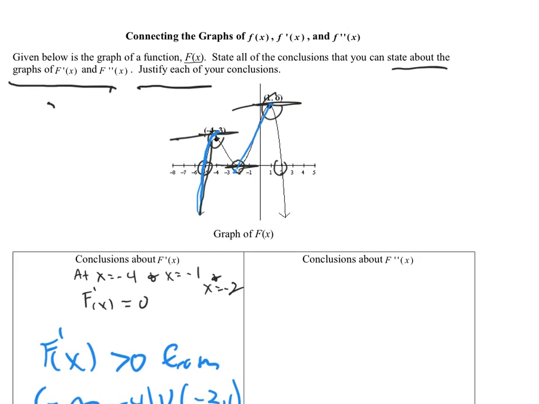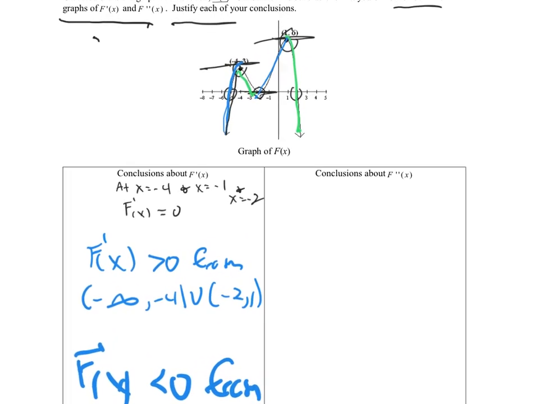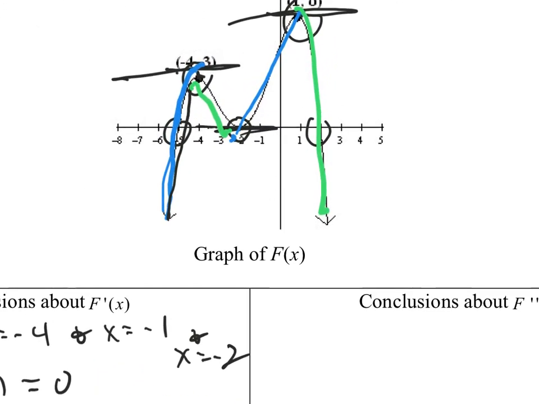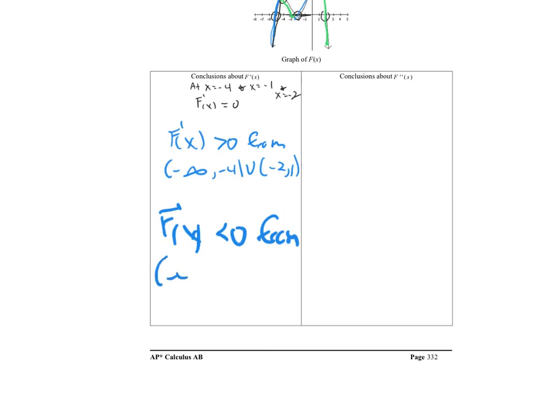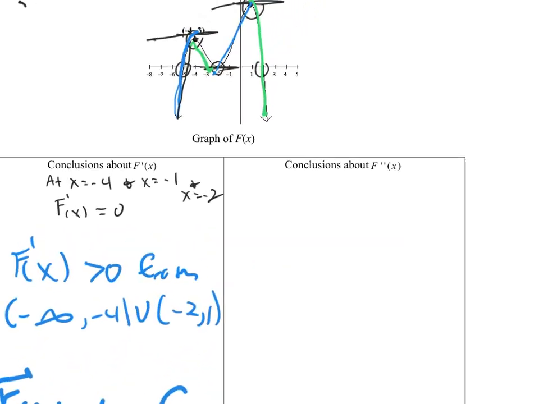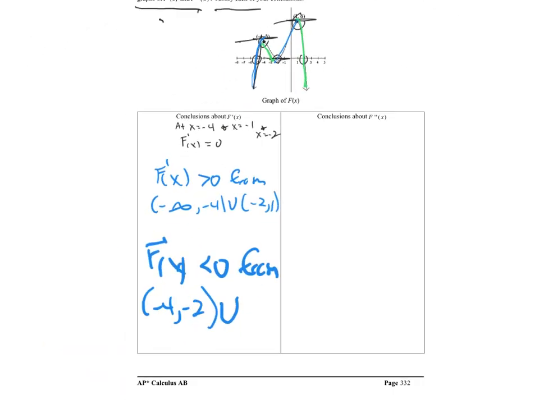What can I say about that interval and that interval? I can say f prime of x must be less than 0 from -4 to -2, union, where'd my other decreasing? -1 to infinity.